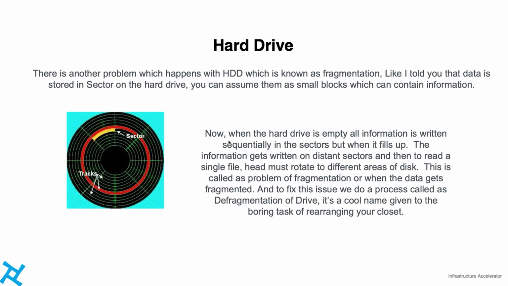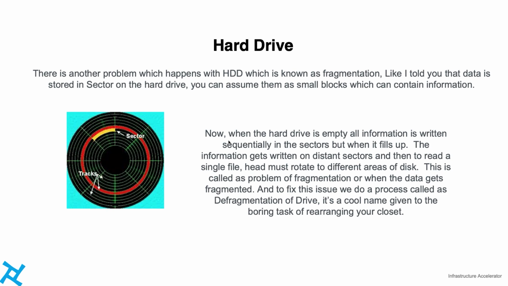But when the hard drive starts to fill up, the information gets written on distant sectors. And then to read a single file, the head must move to different areas of a single disk, or multiple disks, because every hard drive contains multiple such disks.